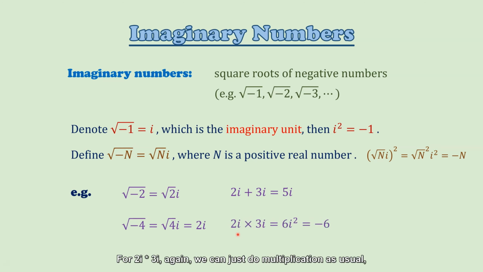For 2i times 3i, again we can just do multiplication as usual. So it is equal to 6i squared, which is then equal to minus 6 because i squared is equal to minus 1. Lastly, for 2i over 3i, we can cancel out common factors as usual. So it is equal to 2 over 3. This is how we can manipulate imaginary numbers.